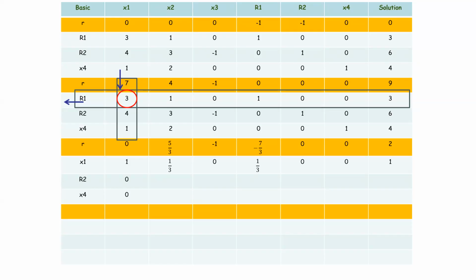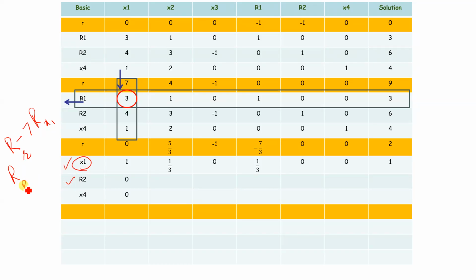So this is the R row, and this is obtained by using row R minus 7 times this pivot row, the new pivot row, which is row x1. Similarly, we can perform the row operations. We have to fix this row.